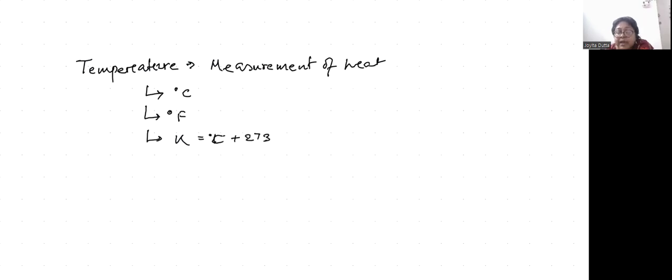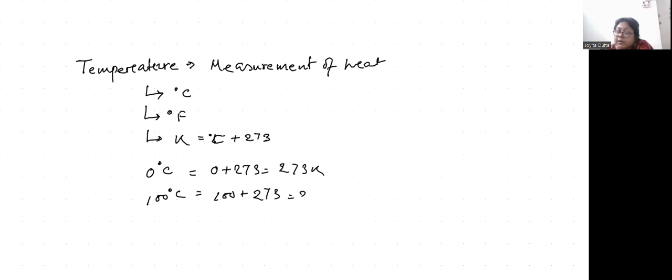So if water freezes at 0 degrees Celsius, this is 0 plus 273, that is 273 Kelvin. If water boils at 100 degrees Celsius, this is 100 plus 273, that is 373 Kelvin.